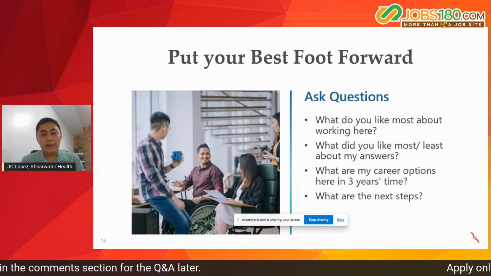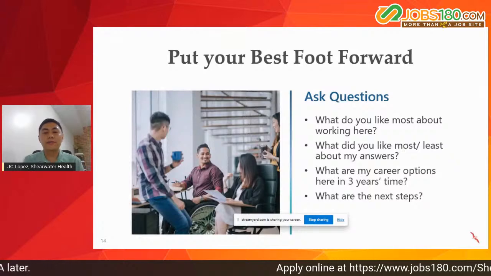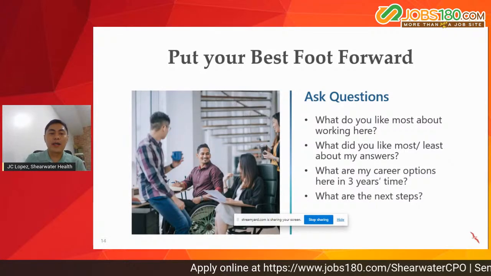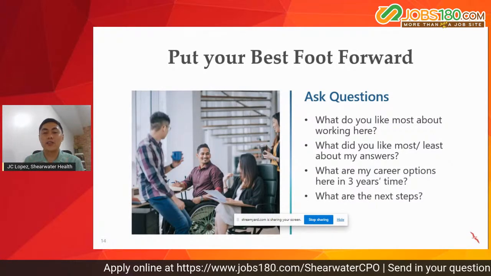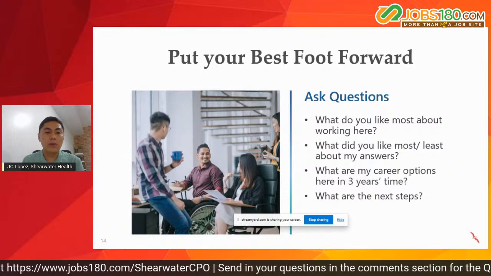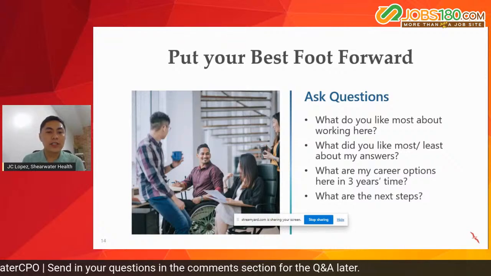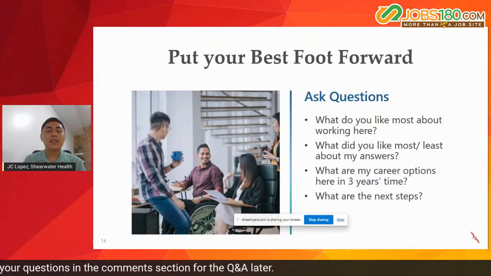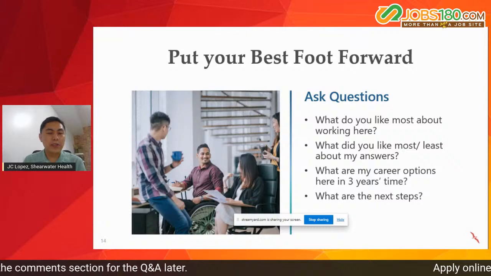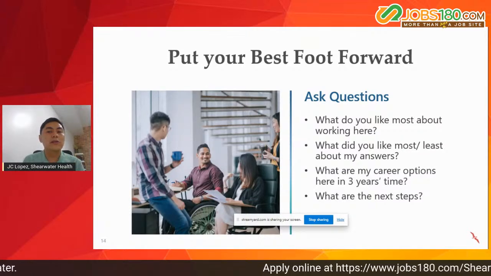And at times, it really helps kapag meron kayong friendship or relationship after work, because it reflects during work hours, right? How much teamwork you have, how much collaboration, and how fluid the team is. So that's one question asked mostly by people who really stay in the company for long. So what do you like most?